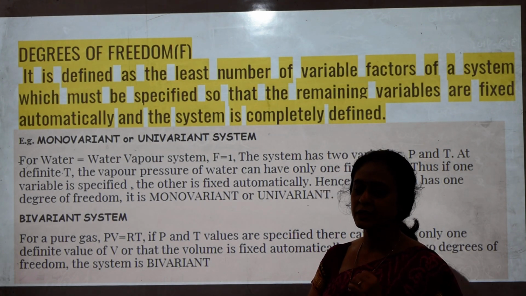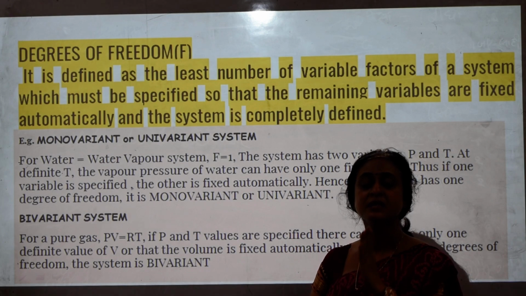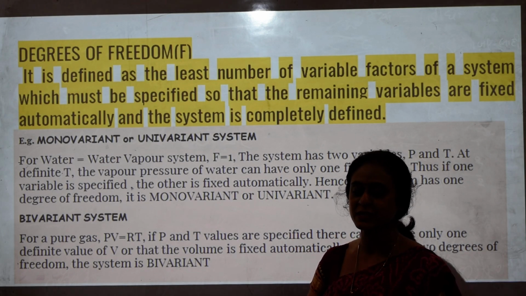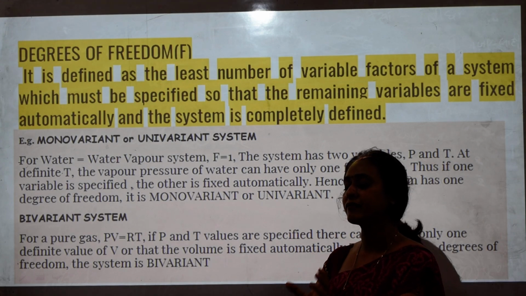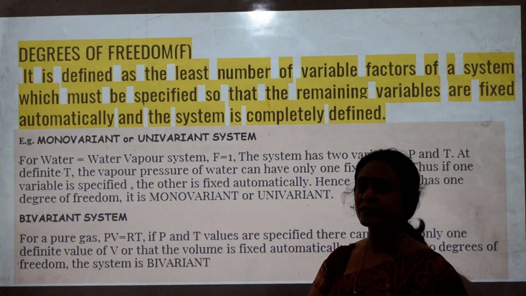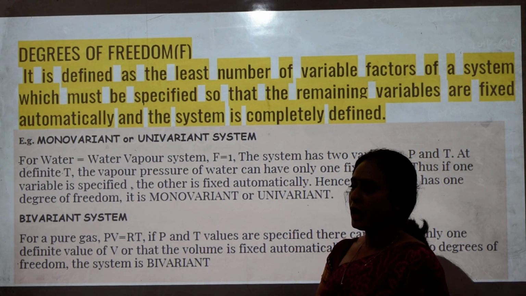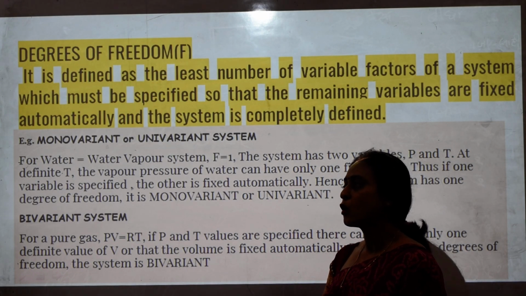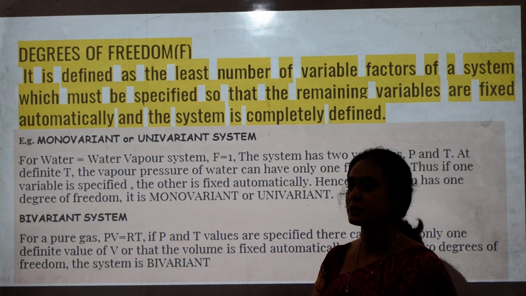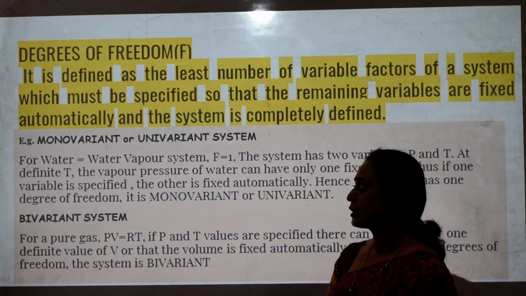Degree of freedom, it can be defined as least number of variable factor that has been required or specified to identify that particular system which is occurring in a phase that we have already formed. Degree of freedom means how many variables could be defined here.